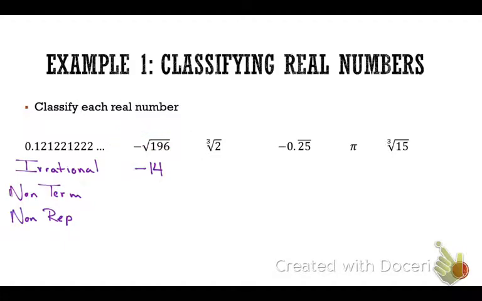Now that you're looking at this number, is negative 14 rational or irrational? Rational. What kind of number is it? Integer. So you say rational, integer. By saying what kind of rational number, I know you did not guess. Or if you did guess, you had to guess twice.